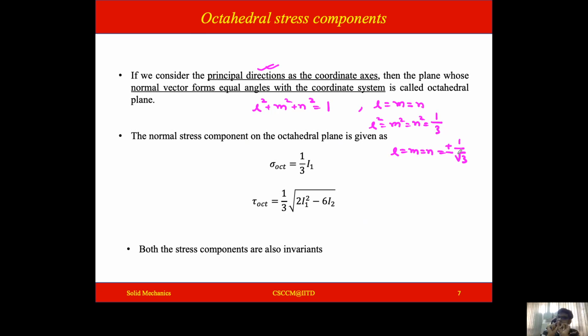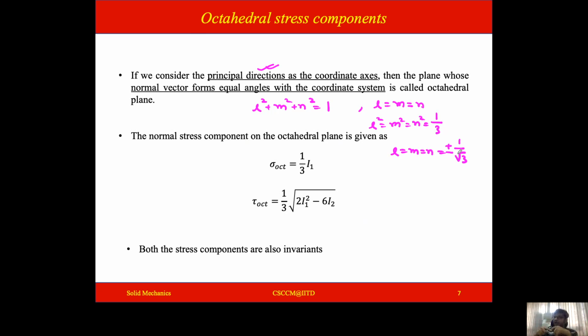But you should be very careful. This L equal to m equal to n equal to plus minus 1 by root 3 is with respect to the principal directions, with respect to the principal planes. It is not with respect to any arbitrary plane. So this is something you should be very careful about.